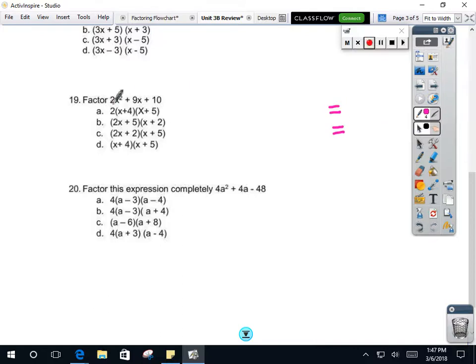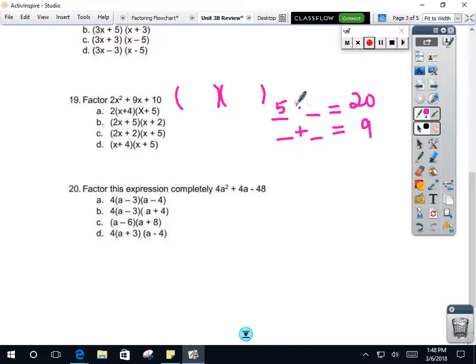It doesn't divide out because 9 divided by 2 would be a decimal. So we do that other method where you multiply the a times the c, which is 2 times 10, and you get 20. And then that's now the number that you're multiplying to get, but you're still adding to get your b, which is 9. Okay, what numbers do that?